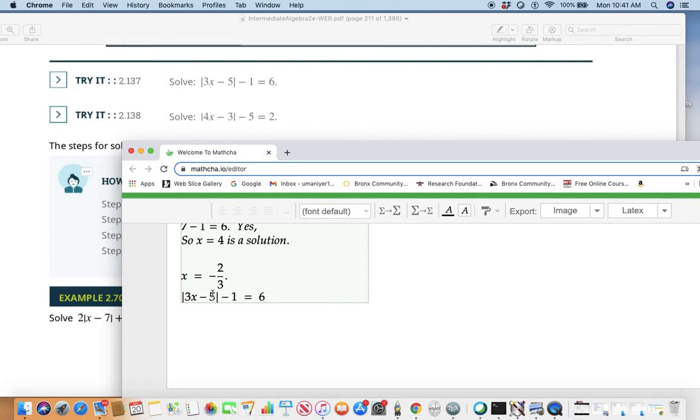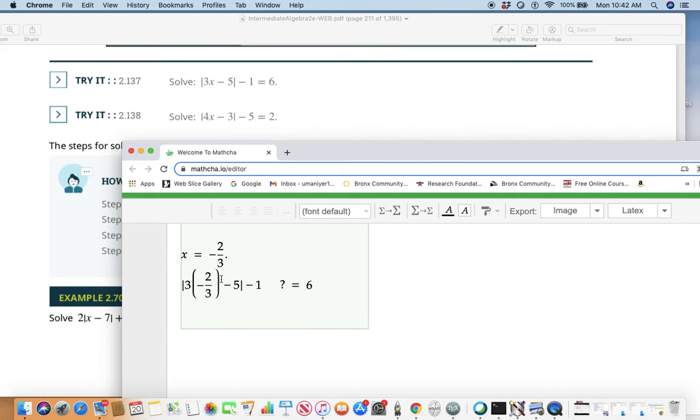Where I see x, I'll replace it by parentheses. Within the parentheses, I'll put negative 2/3. Remember, this is a check, so don't forget, this is a question mark.